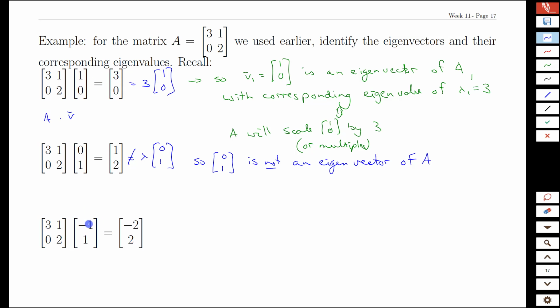And last but not least, we did see that the vector negative 1, 1 did have this characteristic again. We start with negative 1, 1, we get negative 1, 1 back except scaled by 2.